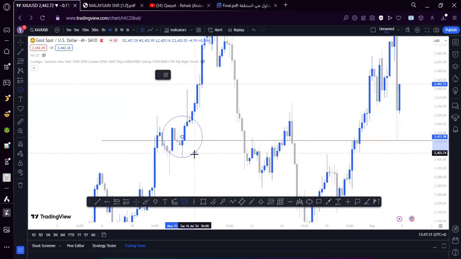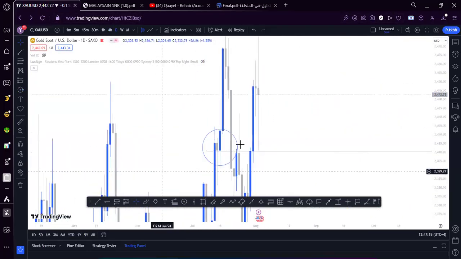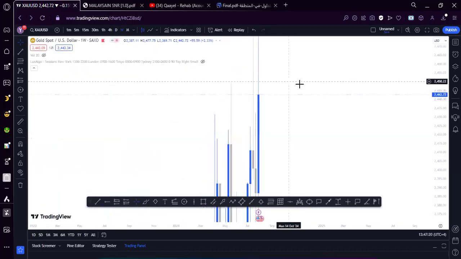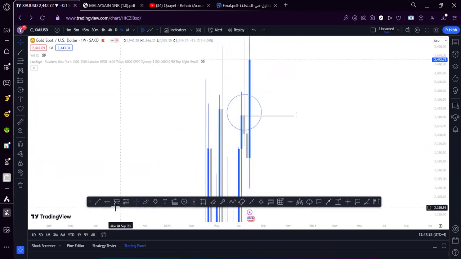This is our zone. For the daily, it's a fresh level, and for the weekly, it's also a fresh level. So the next candle has touched our powerful level here.